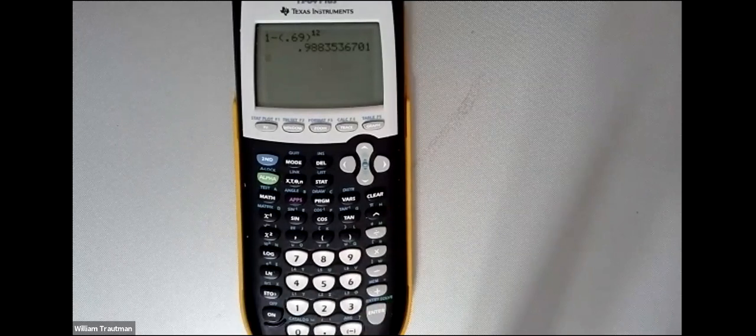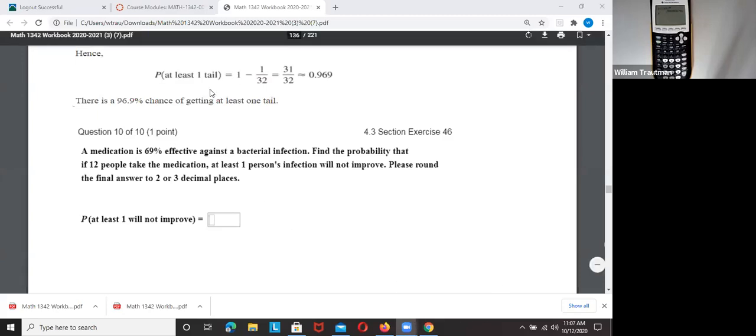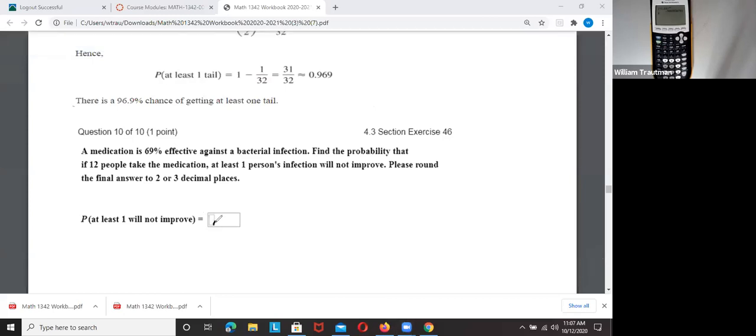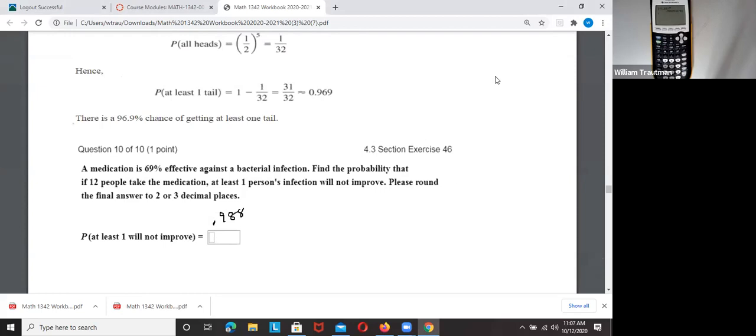And there's our answer, 0.988. And we get 0.988. And that's it.